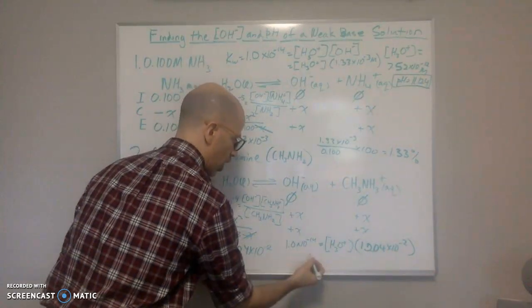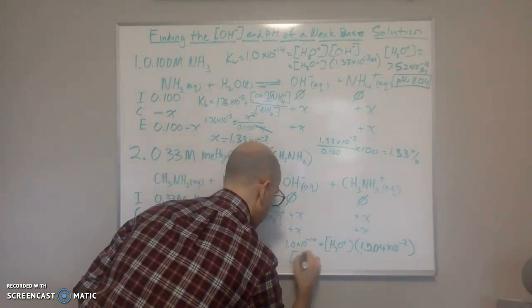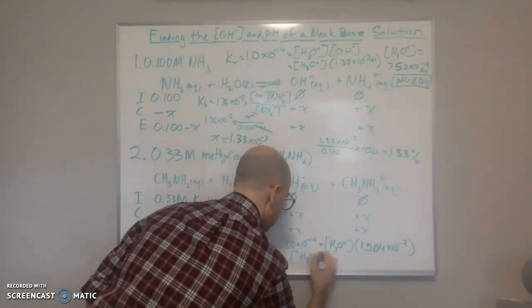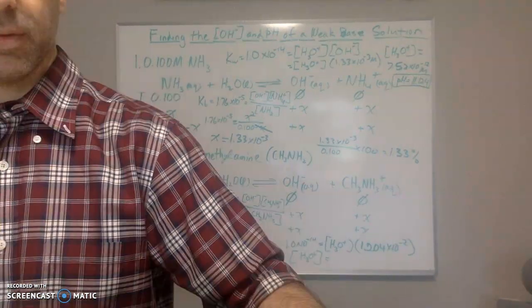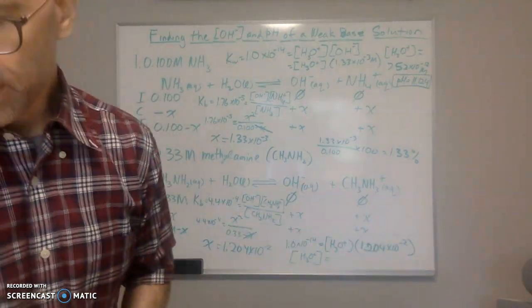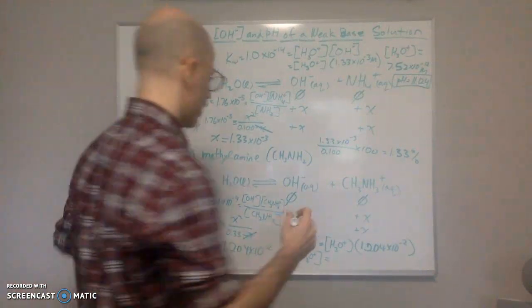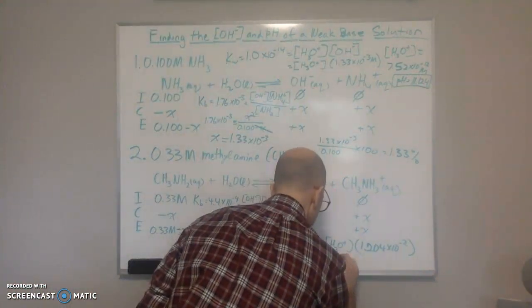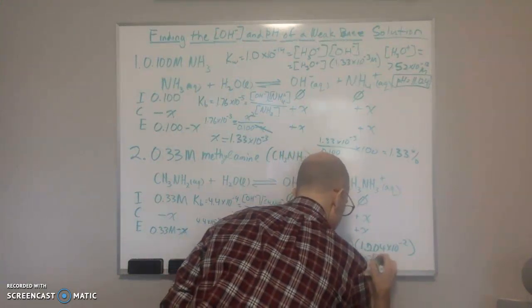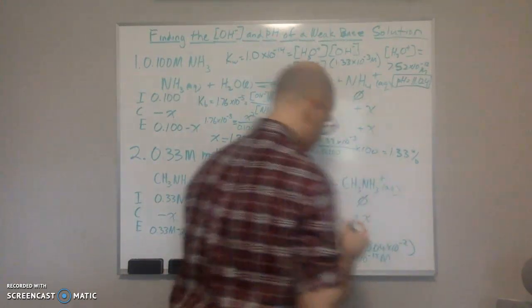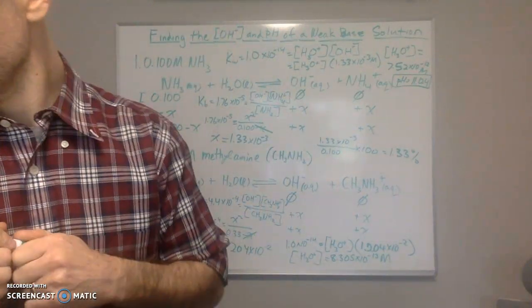And then when we solve this for H3O plus concentration, we get 8.305 times 10 to the negative 13 molar.